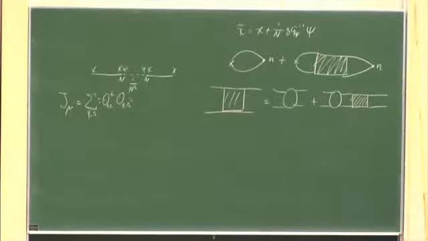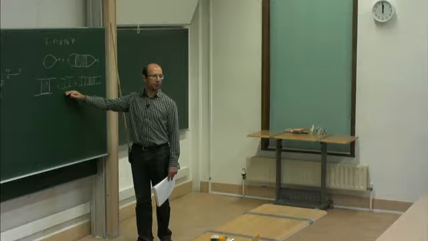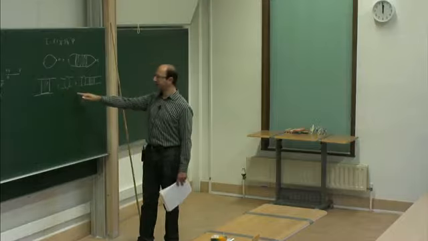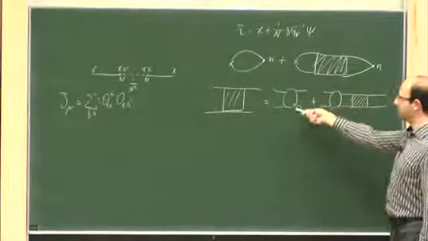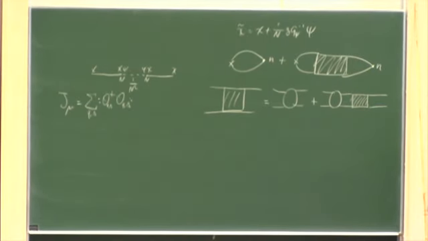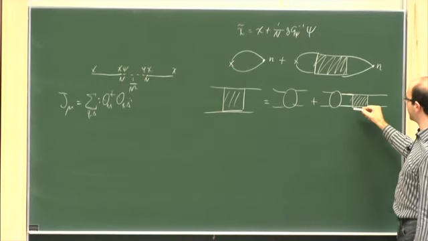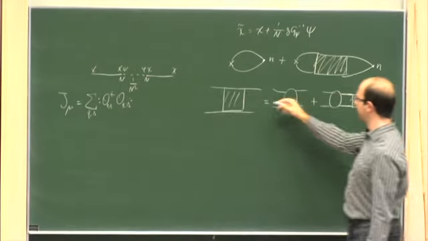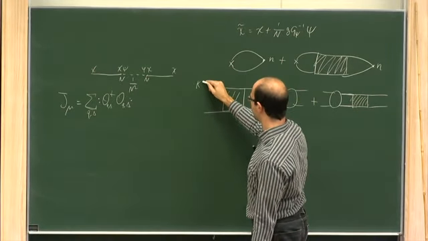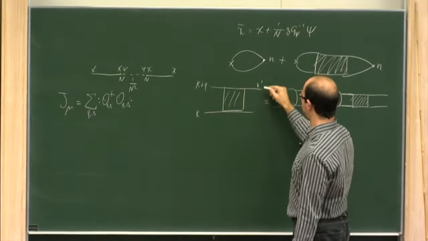In a diagrammatic expansion, it's easy to prove this relation. If you define this to be the two-particle irreducible contribution, so the sum of all diagrams that cannot be disconnected by cutting two lines. This is similar to what you normally do for the propagator and the one-particle irreducible part, but here it's the two-particle irreducible, and you have to separate off the part which has two disconnected lines. Now if I put momenta labels, this is k plus q, k prime plus q, k prime.